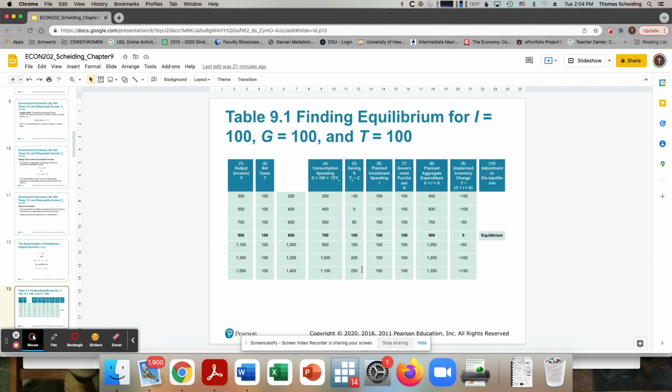Now, we can track this in a table, and that's where it's kind of useful. If we're looking at the overall equilibrium point for the economy, if we want to walk through this and see how the economy is affected, then for every output level or income level, such as 300, if we subtract the 100, we're left with disposable income.